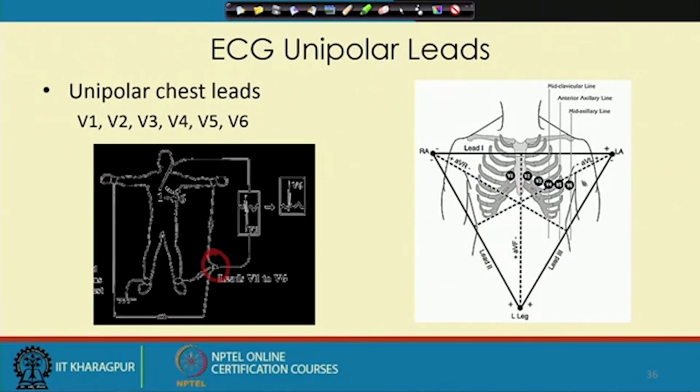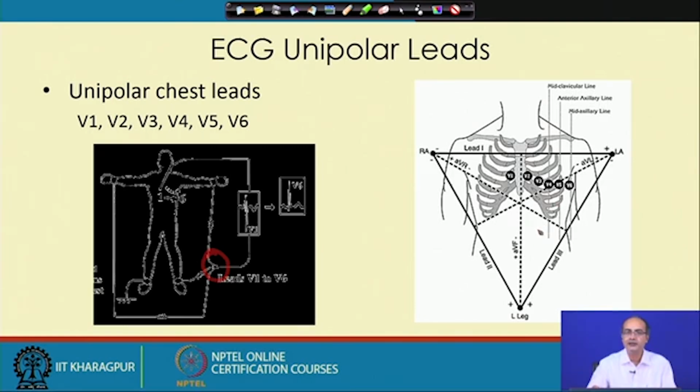So, this chest lead configuration can tell you in which chamber of the heart the problem is. That is the unique feature of it, and when the standard ECG signal is taken, these chest leads are also connected and monitored to find out if there is any abnormality in the heart.